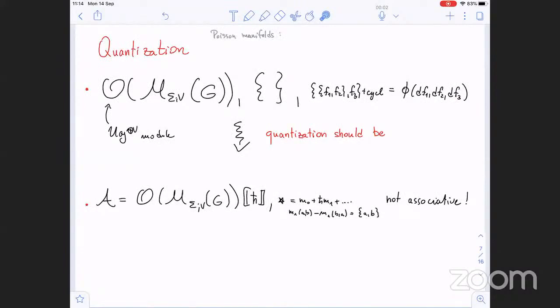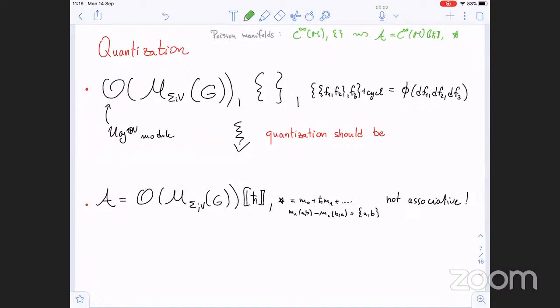Okay, and there's a natural question: how to quantize these things? So first, what to quantize? Maybe let me recall that for Poisson manifolds, one has C infinity of M and a Poisson bracket, and one looks at an algebra A, which should be C infinity of M and power series in h bar, and a star product, such that the 0th order of the star product is the usual commutative multiplication, and the first order of the star product anti-symmetrized gives you the Poisson bracket.